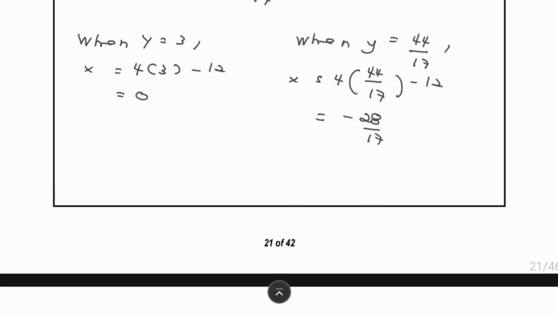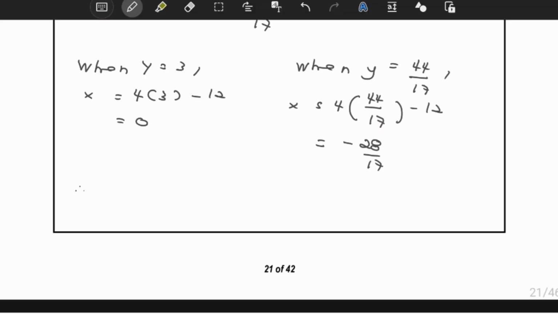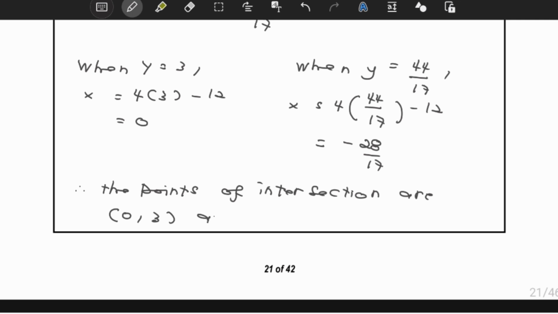Okay, so let's do the conclusion. Therefore, the points of intersection are (0, 3) and the other one is (-28/17, 44/17).